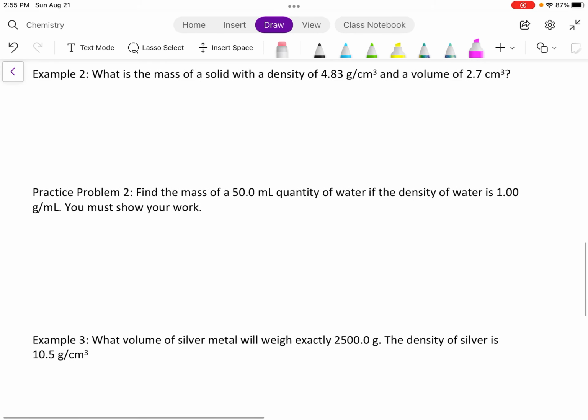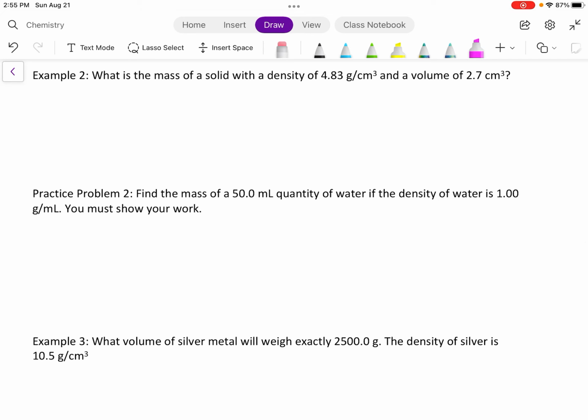Okay, so example 2 is a little bit different than example 1. We start out again by writing our equation. This time it says, what is the mass of the solid? So mass is what we're going to be trying to find.